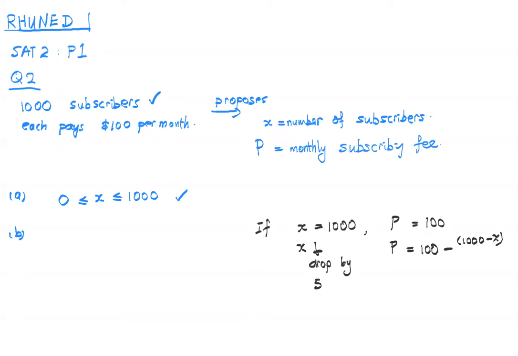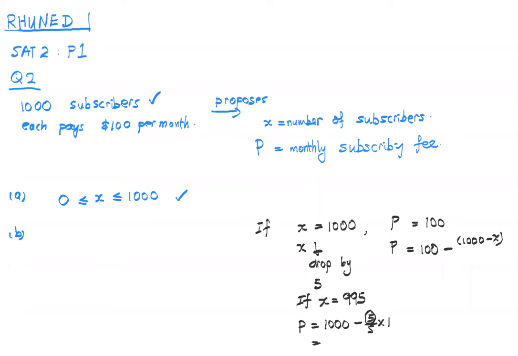So you see, if now X is equal to 995, that means the subscribing fee will be 100 plus, you dropped 5, so 5 divided by 5 times 1. How do I get this 5? I take 1,000 minus 995.